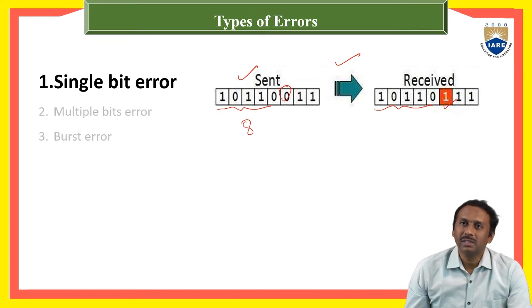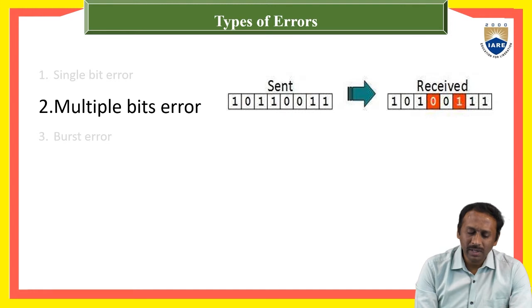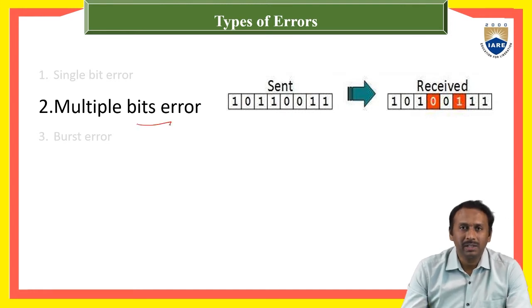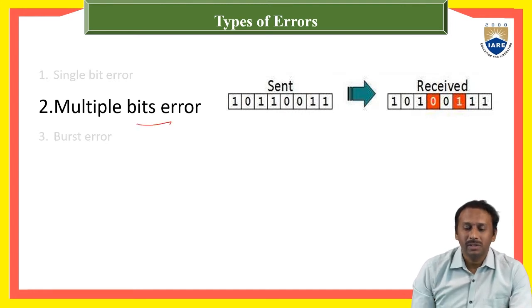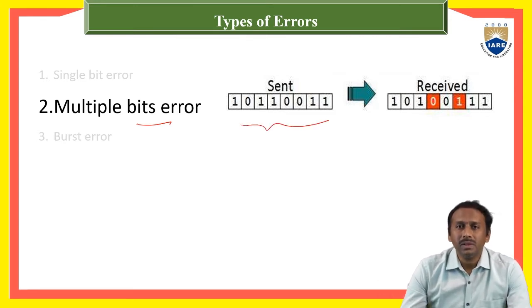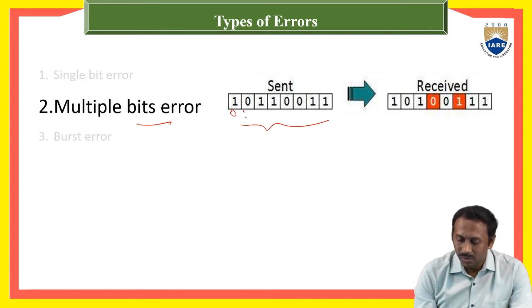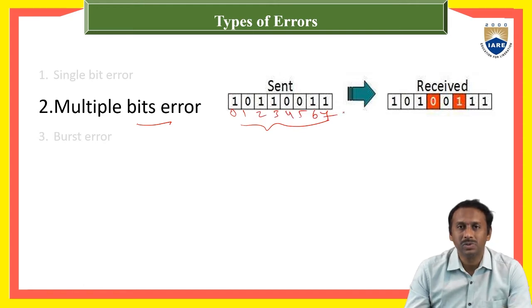Next one is multiple bit errors. From the name itself we can understand that multiple bit errors means, in one frame, more than 1 bit has an error. If you observe the sent frame and received frame here, assume the bits are numbered 0 to 7.